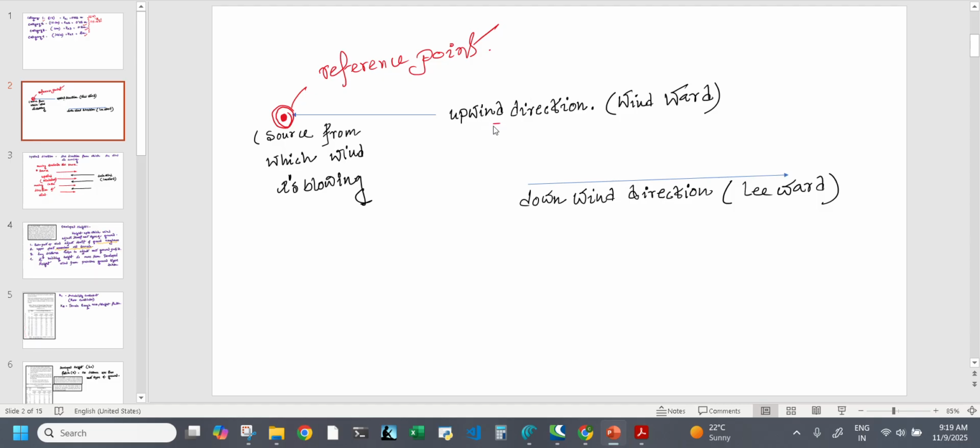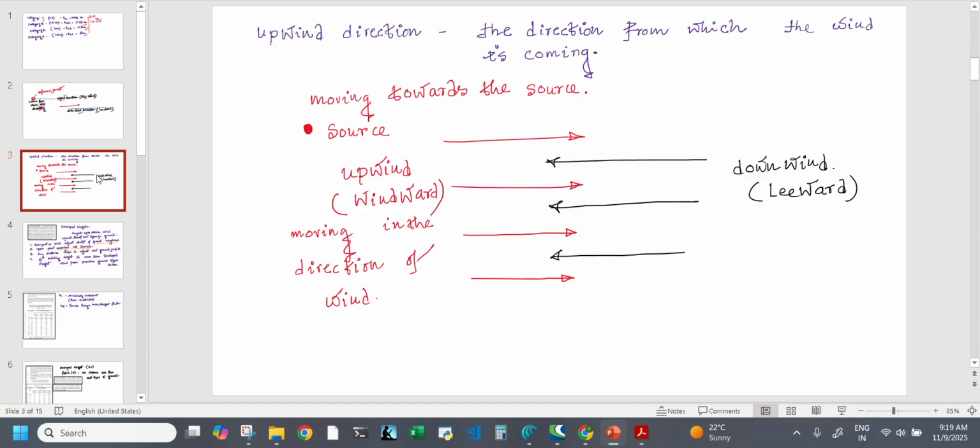The direction of any object which is towards the source is called the upwind direction, that means windward direction, and the outward direction is called the leeward or downwind direction. The source is where the wind is blowing from, and moving towards the source is the upwind side, and moving away is the downwind side.